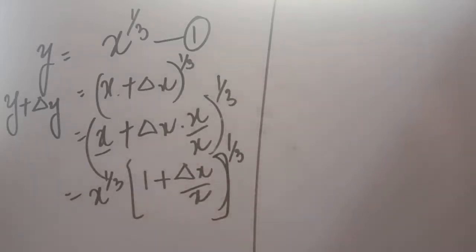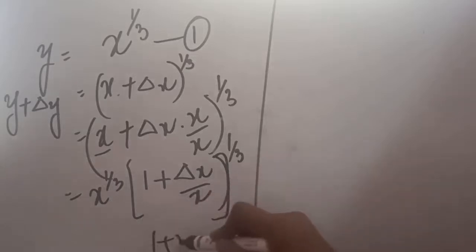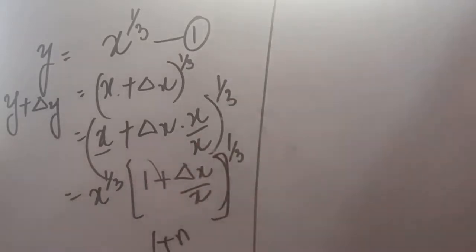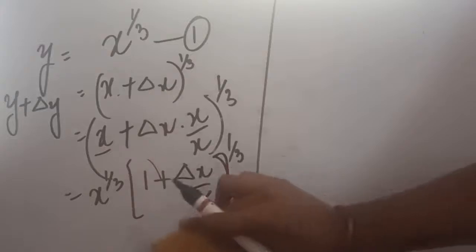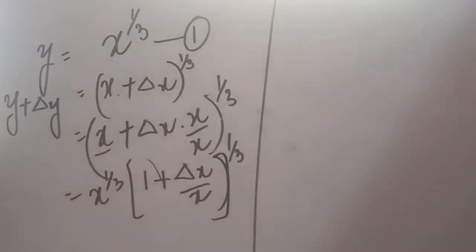What is the purpose of doing this? Because further we will apply the binomial theorem. There we need something like 1 plus n, so 1 is very much required. To have this 1 in the question, I have just taken this common.